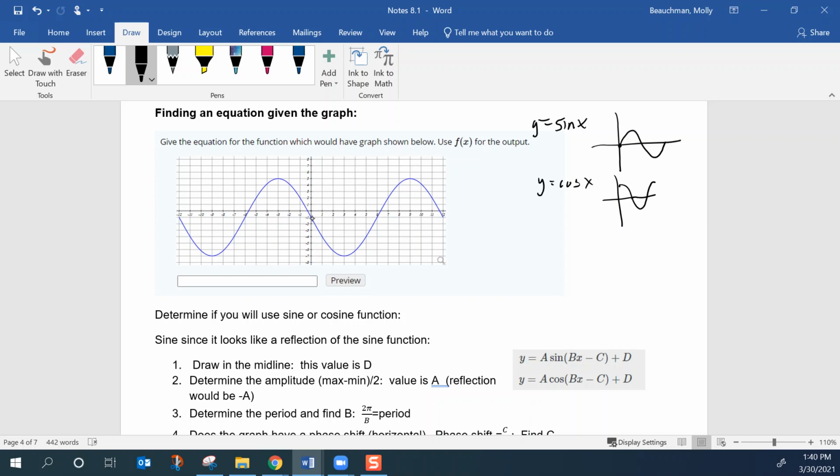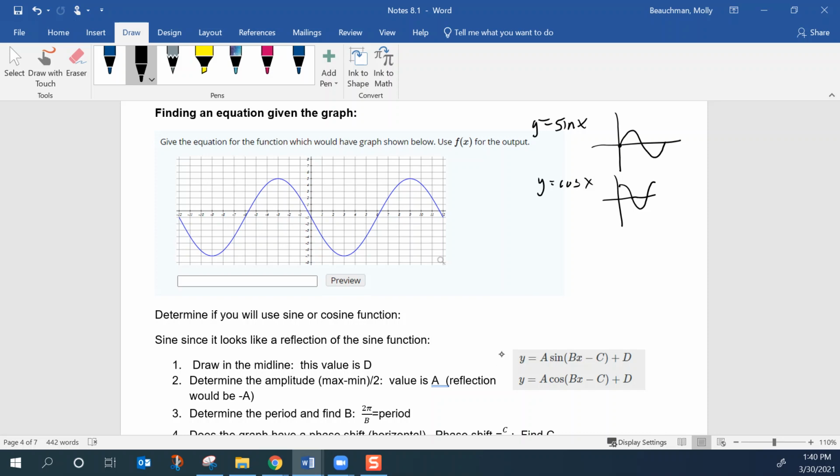This function looks closest to the sine function. It looks like it might have started at (0, 0) and moved down 1, and it also looks like a reflection. So we'll use sine, since it looks like a reflection of the sine function.